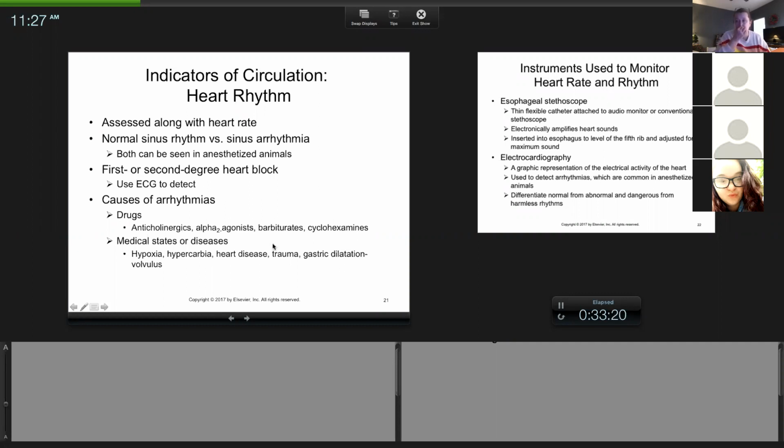Sometimes atropine, now atropine treats heart block, but when you first give it, it will sometimes be worse for a moment or two before it gets better. This happened to a student once, and we were in third degree heart block. There were multiple P waves without a QRS, and I drew up the atropine. This was when I was at Purdue. I said, give it.